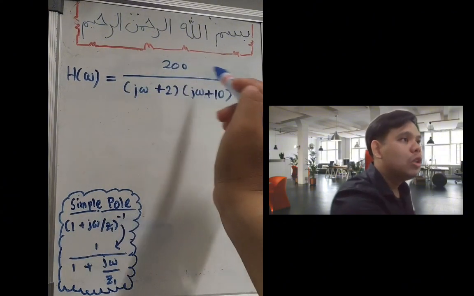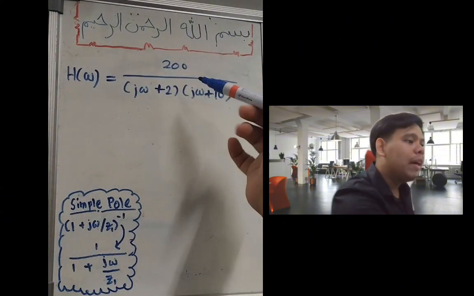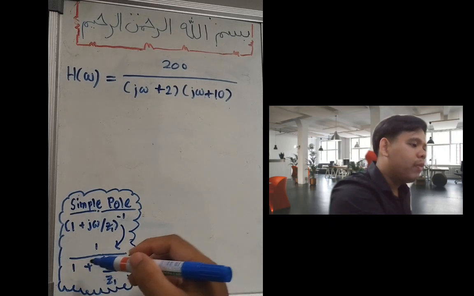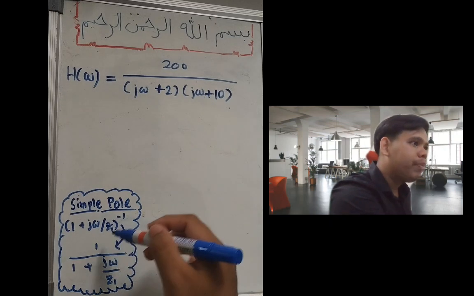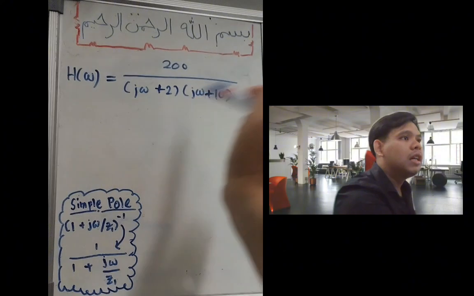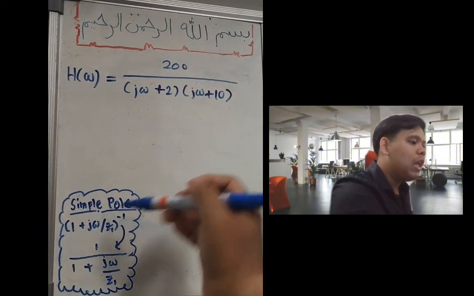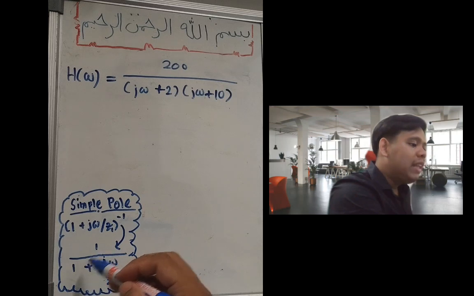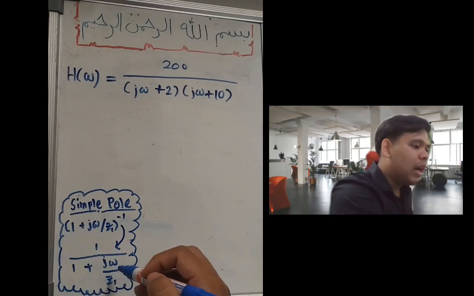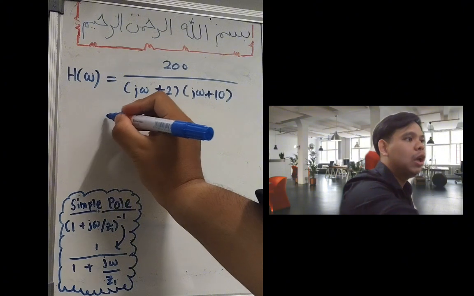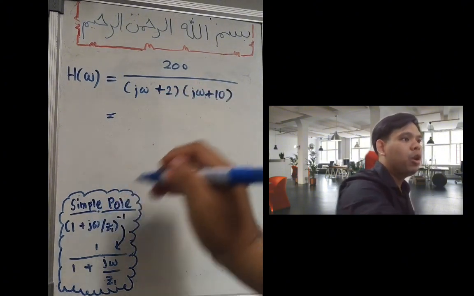For the equation, we must use the simple pole form, 1 divided by 1 plus j omega divided by z. First, we must use the simple pole.